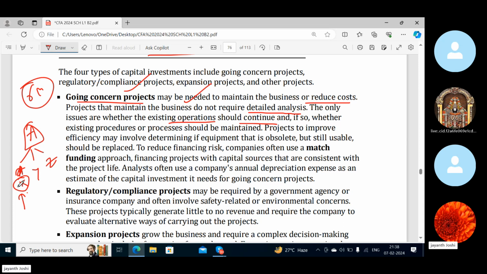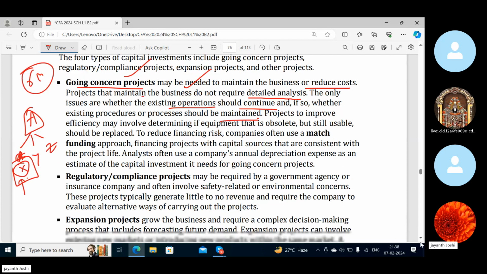So they can think of shutting down this business, and then the going concern status of this would not exist. That's what you are looking at here. If there are certain existing operations, whether they should continue, and if so, whether existing procedures or processes should be maintained.